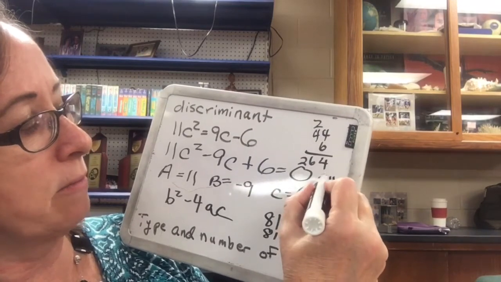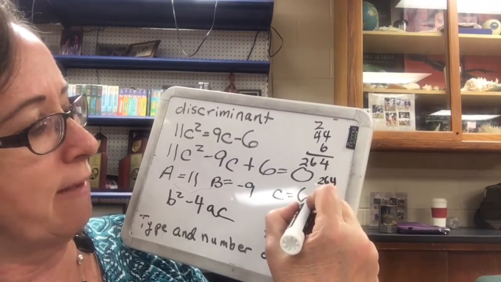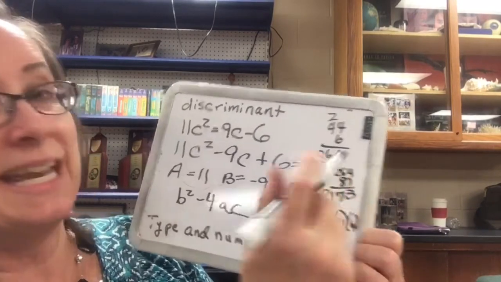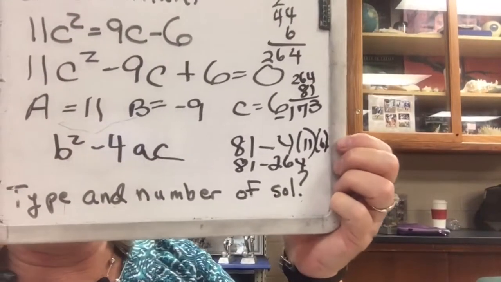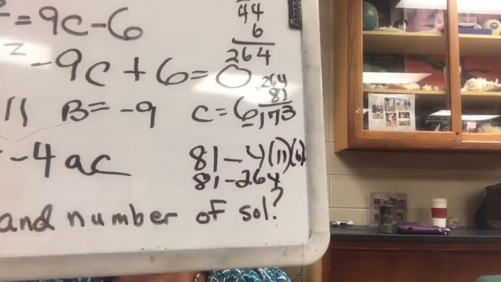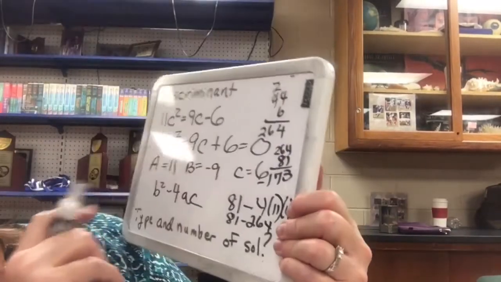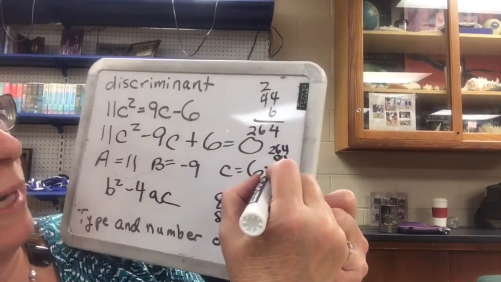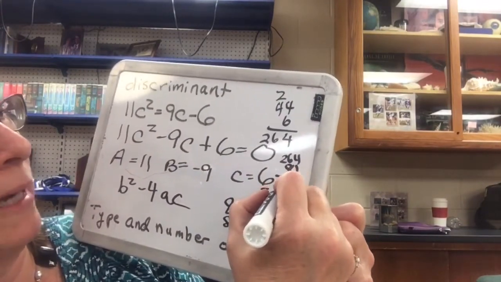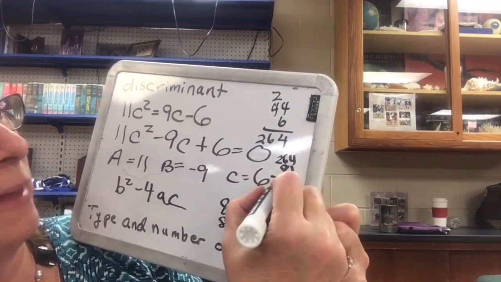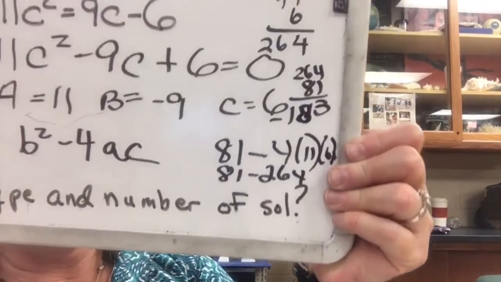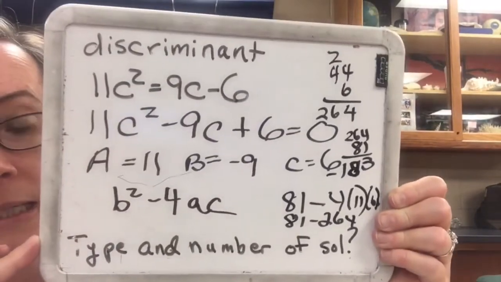And that's going to give me a 3, and a 6 minus 8... oops, I must have done something wrong. It's 183, negative 183. Sorry about that, math error. I didn't need to borrow. So negative 183 is the discriminant.